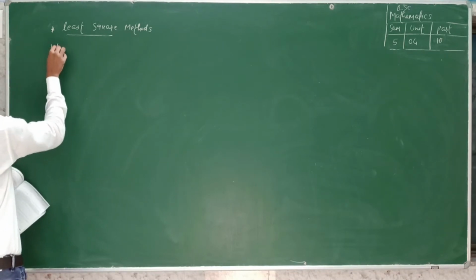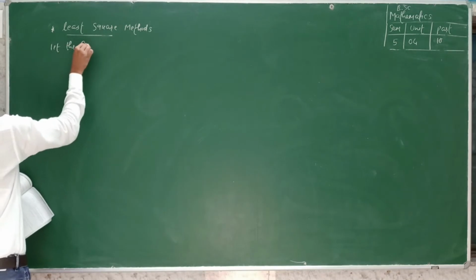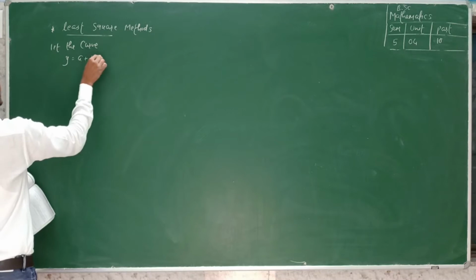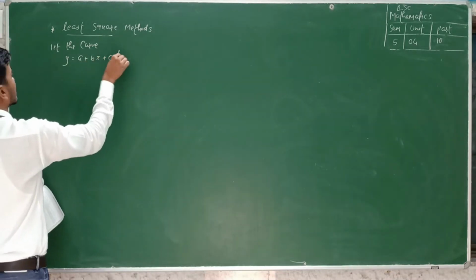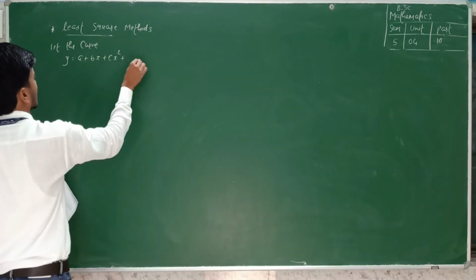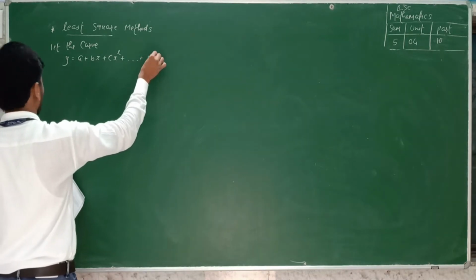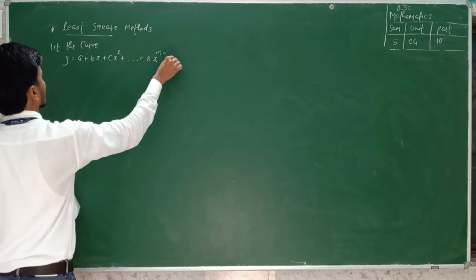Suppose the curve y is equal to a plus bx plus cx square plus up to k into x raised to m minus 1.